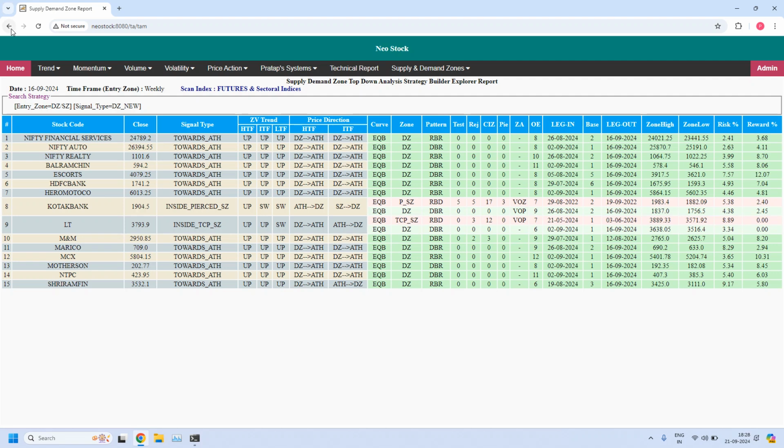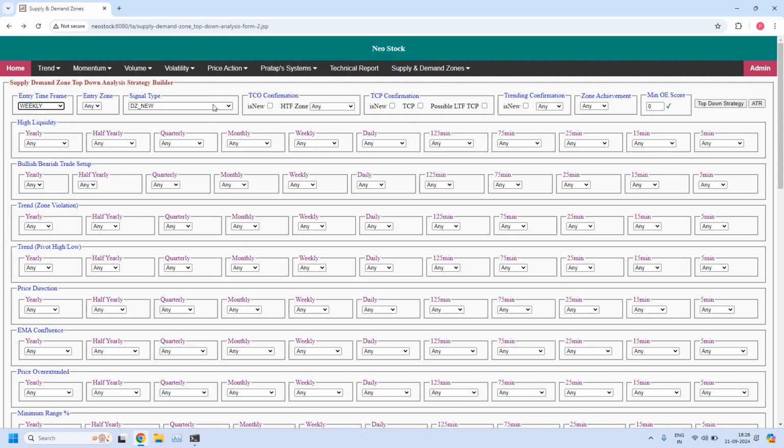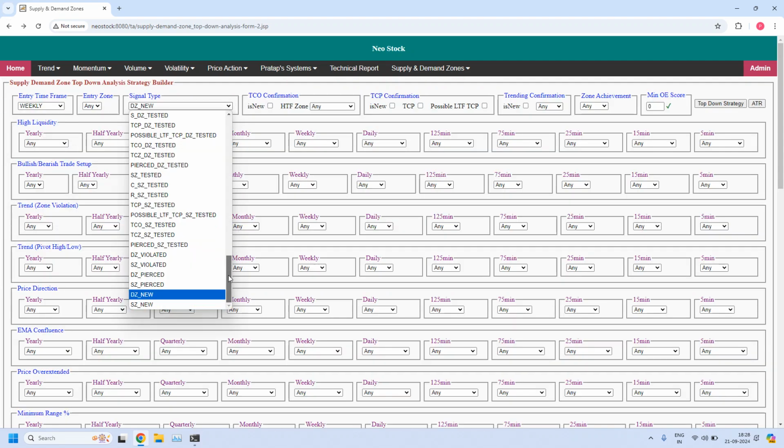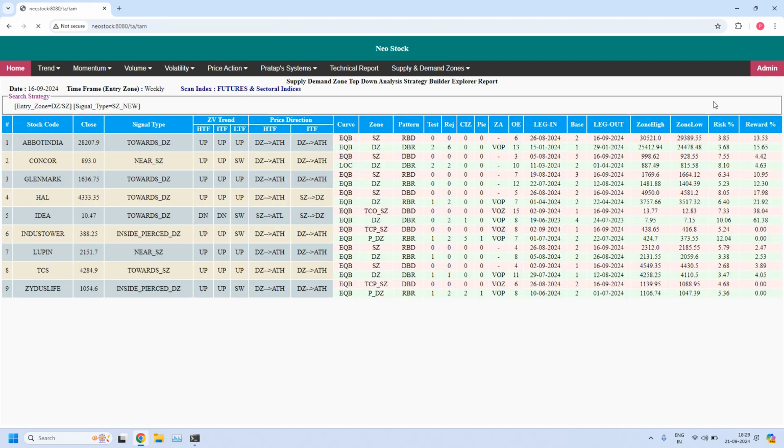Okay, next for weekly time frame, let us identify the stocks having newly created weekly supply zones. So these 9 stocks having the supply zones are created during this week.